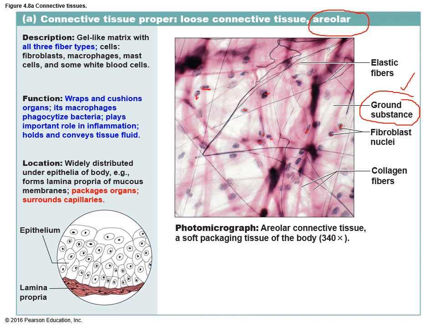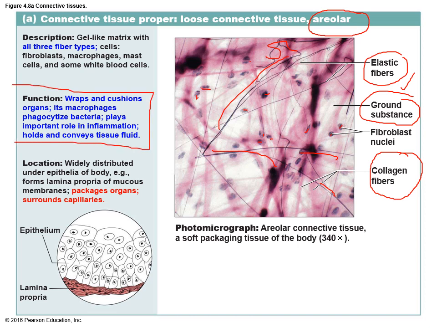And you also see all these little lines, just kind of threads floating all around. That is going to be the combination of your elastic fibers and your collagen fibers. And believe it or not, there's also some reticular fibers embedded within. This is what your areolar tissue looks like. Now you can see on the side, you can take a look at some of the function. It tends to wrap and cushion organs.